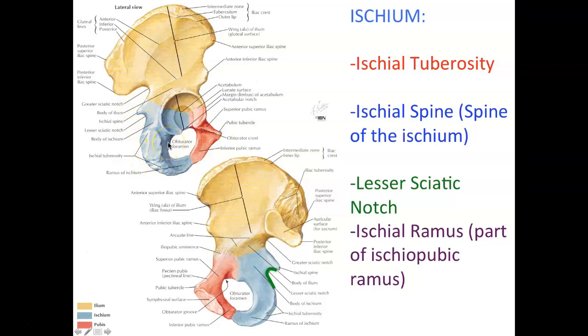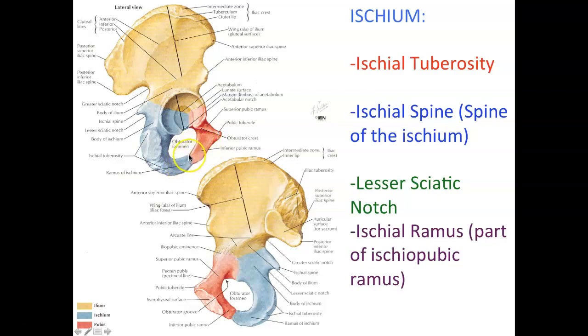Okay. Next part can also be a little bit challenging for students. Whenever you see this word ramus, it means branch. And we have two portions of our bones coming together here. We have the ischium coming together with the pubic bone. And so when they come together, this entire thing is known as the ischiopubic ramus.